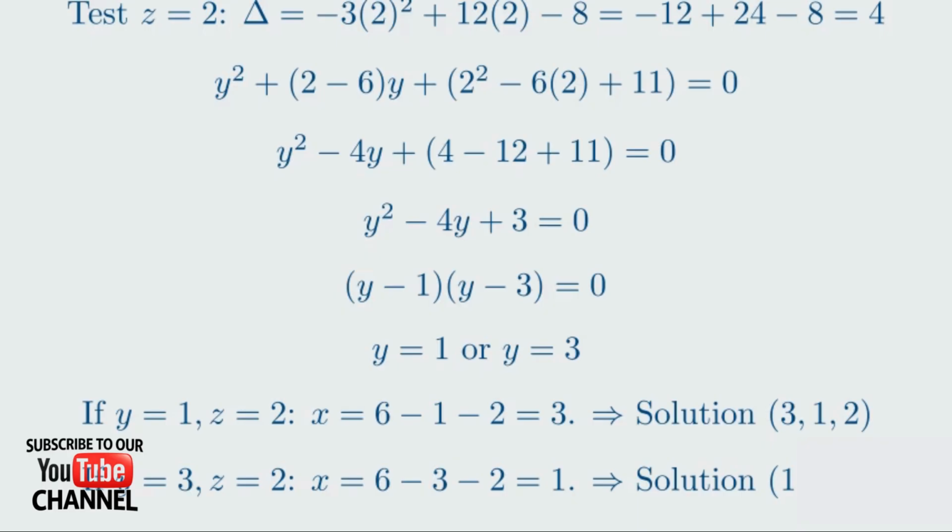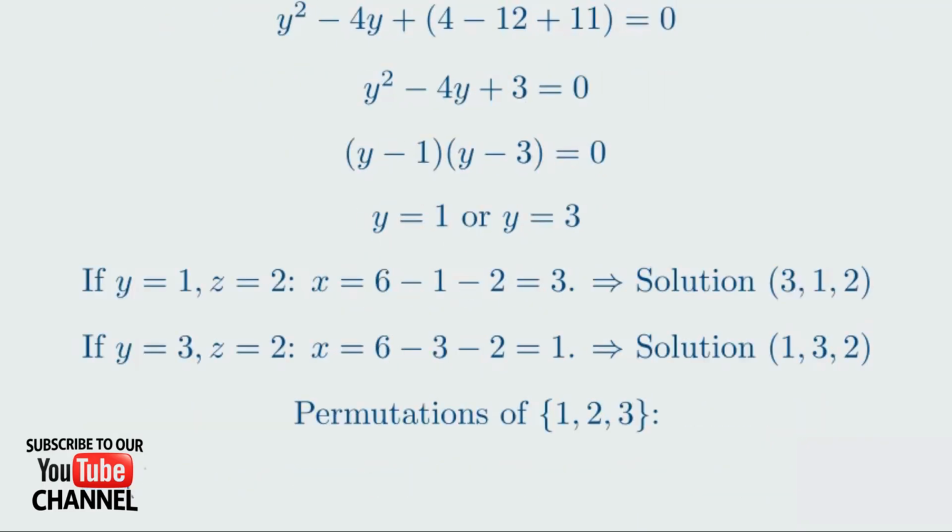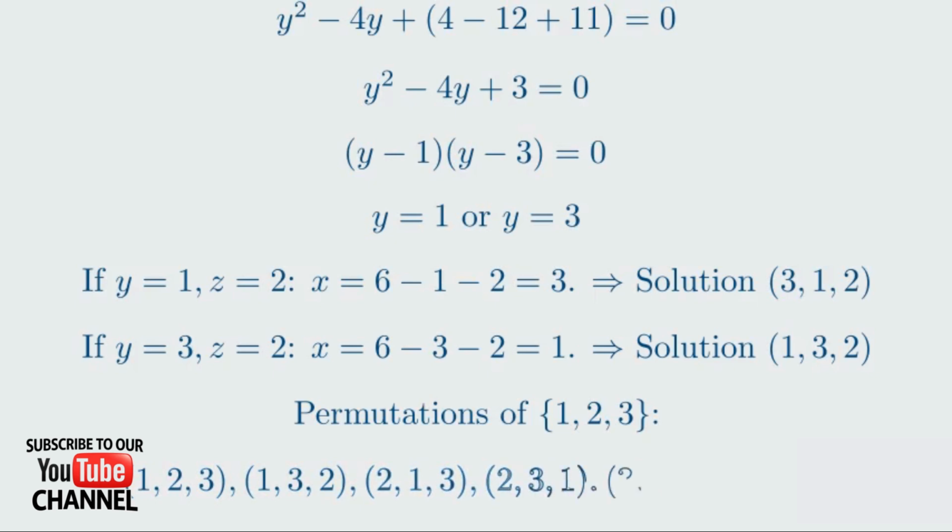All of these are just permutations of the same set of numbers, 1, 2, 3. In fact, all 6 permutations of 1, 2, 3 are solutions: (1, 2, 3), (1, 3, 2), (3, 1, 2), (2, 1, 3), (2, 3, 1), and (3, 2, 1).